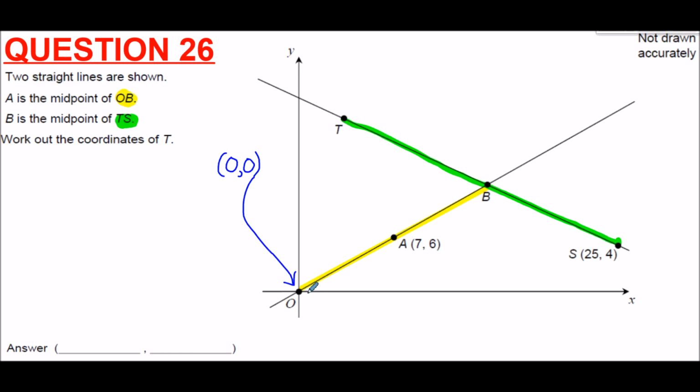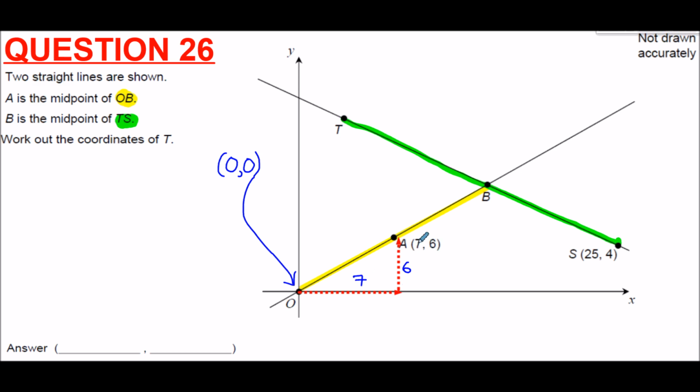So that means from O to A, we must have gone 7 along and 6 up. So I'll just put these numbers in. So 7 along, 6 up to get us to A, which is 7, 6.